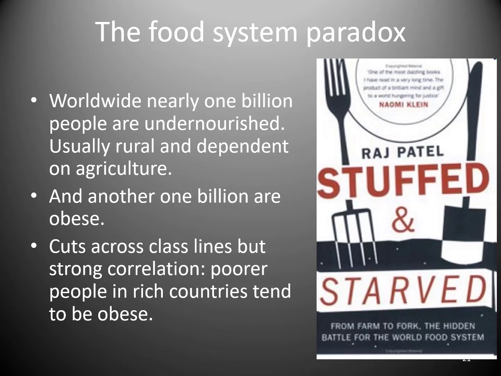And so the obesity can fall on all sides of the social ladder, but poorer people in rich countries tend to be relatively more obese compared to well-off people. And that's because it's the unhealthy food that's cheaper.